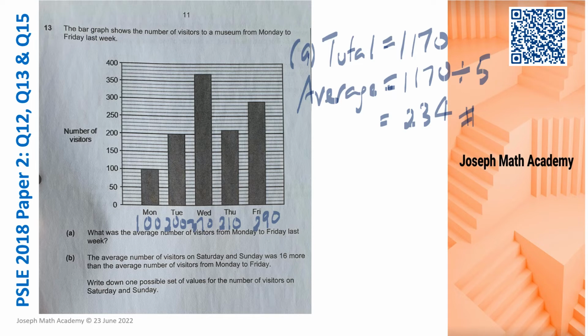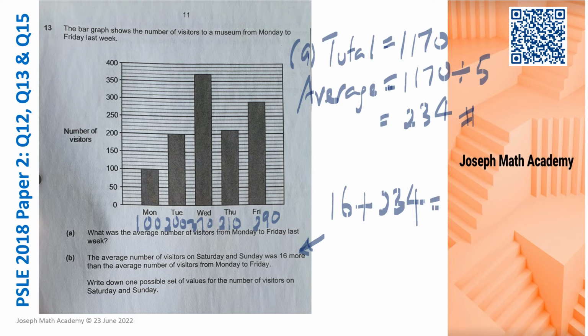Now to answer part B, okay, part B gives us this information. The average number of visitors on Saturday and Sunday, the weekend, was 16 more than the average from Monday to Friday. Okay, so we have a comparison. The average of the weekends and the average of the weekdays. So the average of the weekends must be 16 more than the average of the weekdays.